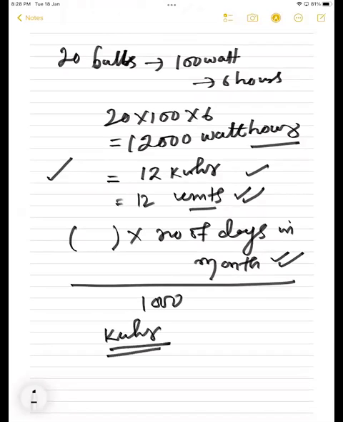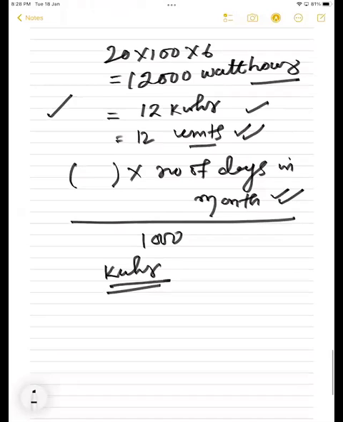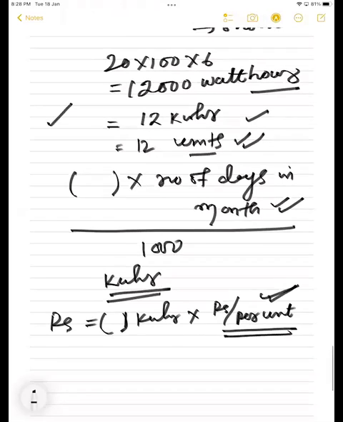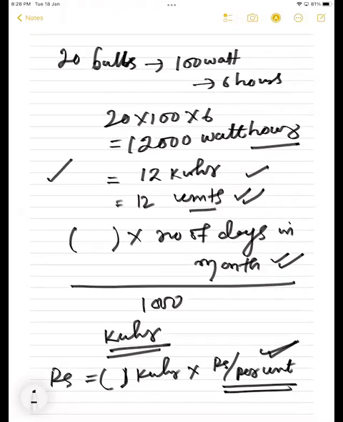Then for rupees, you multiply the total kilowatt hour by rupees per unit. Getting it, students? In this way, it is a very easy method. You can calculate the electric bill, right?